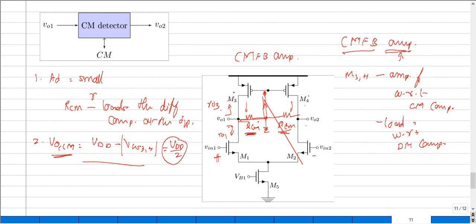The solution could be adding an extra amplifier circuit around the loop, and that would be something like this.